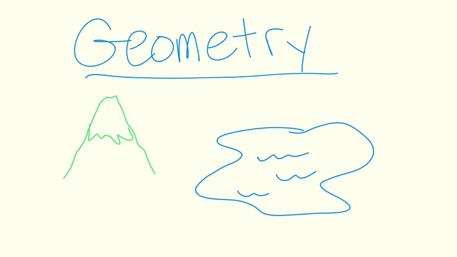So all the tools we have in geometry aren't tools that we actually go into the real world with. They're only tools that we use in this sort of imaginary geometry world. And hopefully, when we use those tools in the imaginary geometry world, the answers that we get will work back in the real world. Let me show you an example.